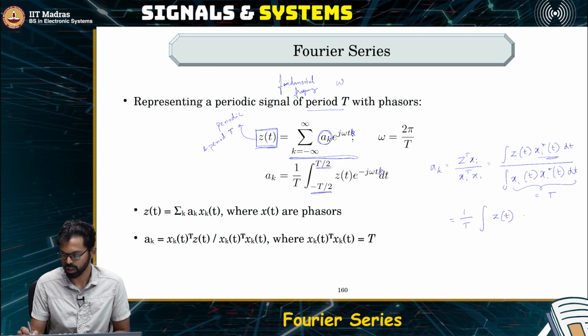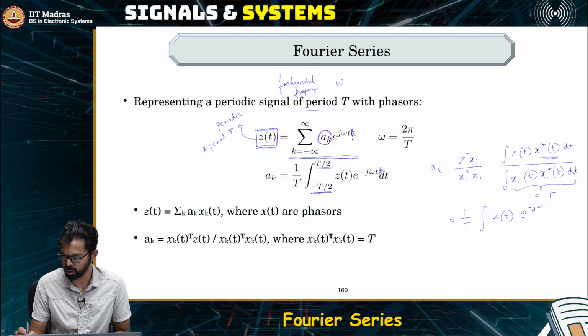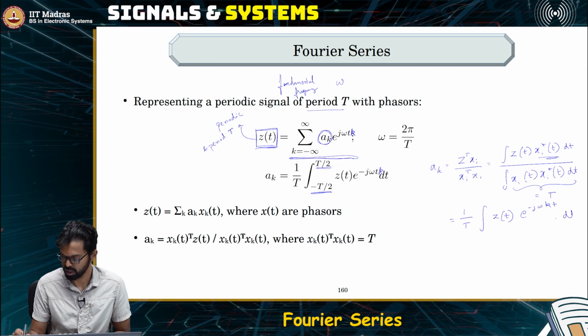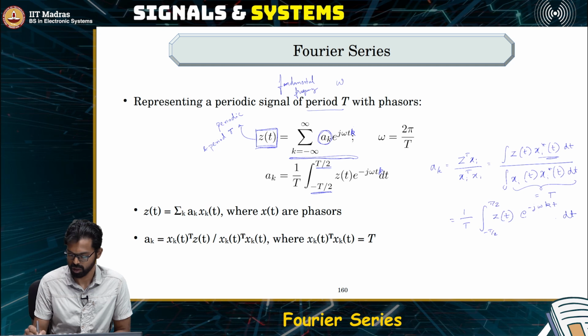You have to take the conjugate of these phasors. The conjugate of this phasor is e power minus j omega k t dt. That is exactly what we have here.